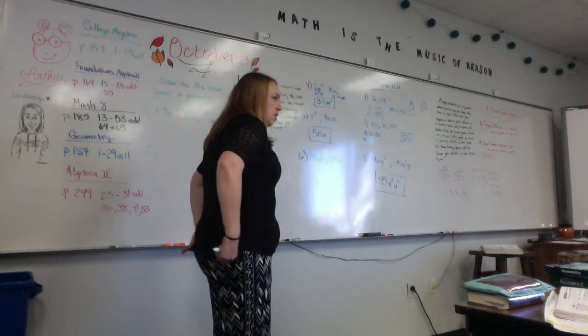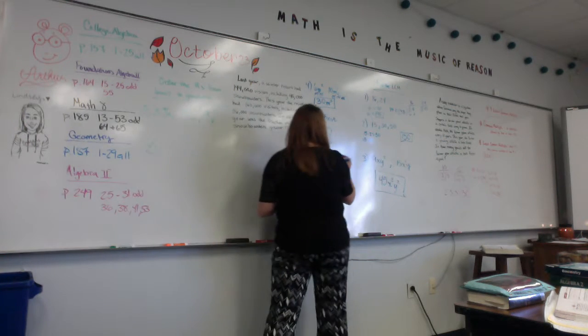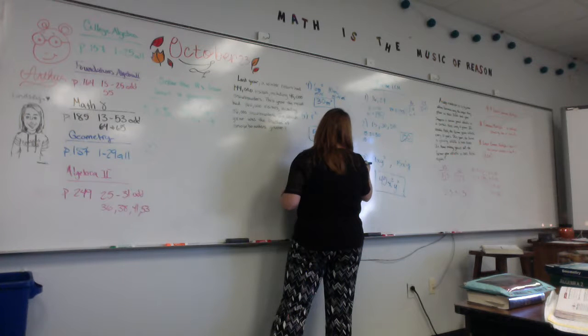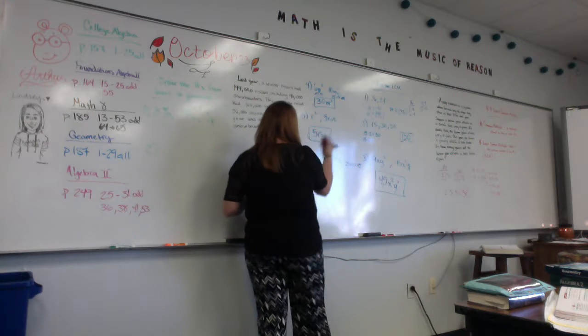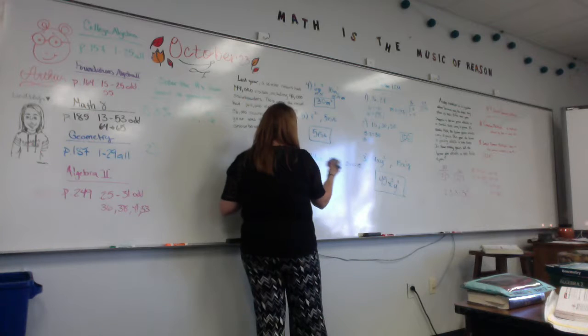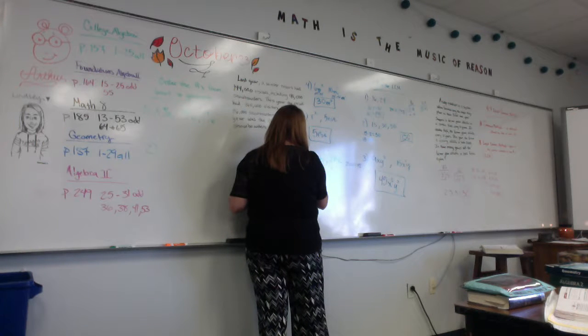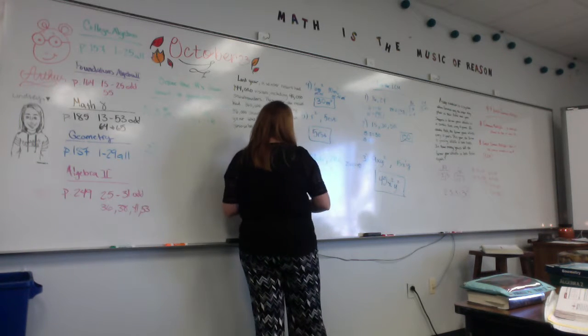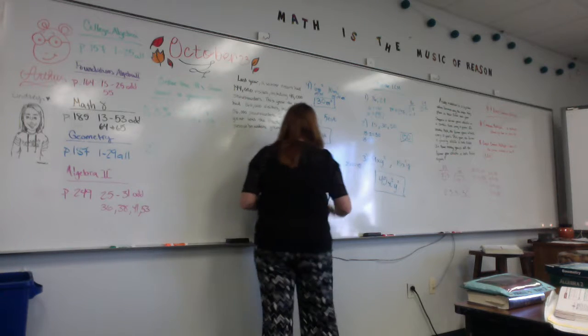That is correct. So 21 times 2 gives you 42. 14 times 2 is only 28. But 14 times 3 also gives you 42, yes? So 42 is my least common multiple.